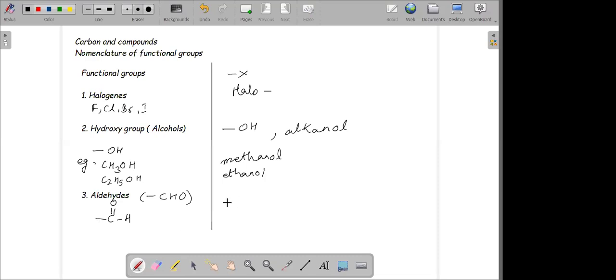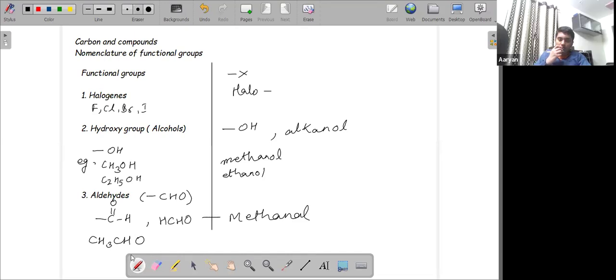You can write examples. You can write HCHO, which is methanal. You can write CH3CHO. So what will be the name of this CH3CHO? Sir, ethanol. Ethanal.